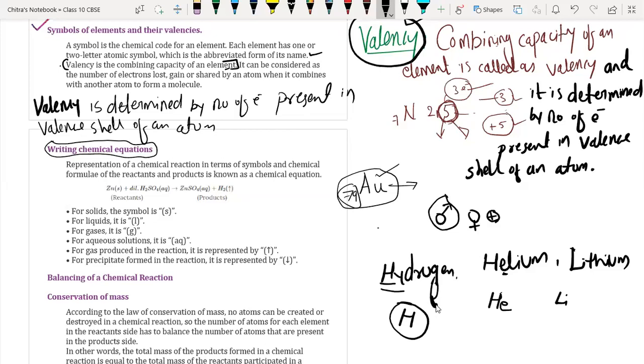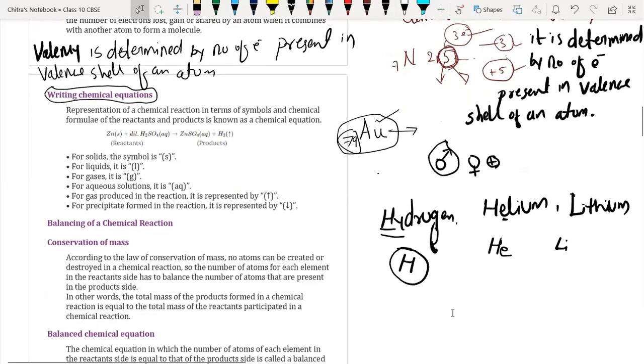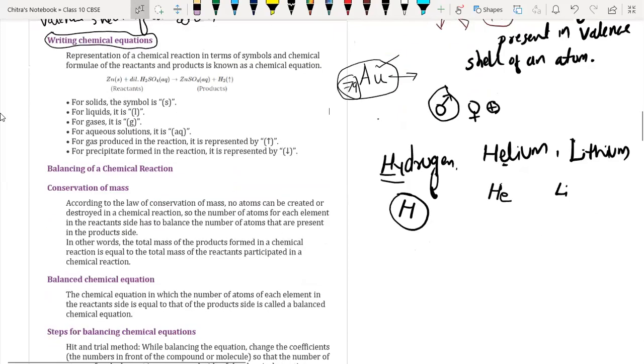No? Okay, we'll move further now. So, writing chemical equation. See, in the previous lecture we have already discussed word equation and chemical equation, so we do not have to discuss more because we have already discussed everything. The representation of a chemical reaction in terms of symbols and chemical formulas of the reactants and products is known as a chemical equation.